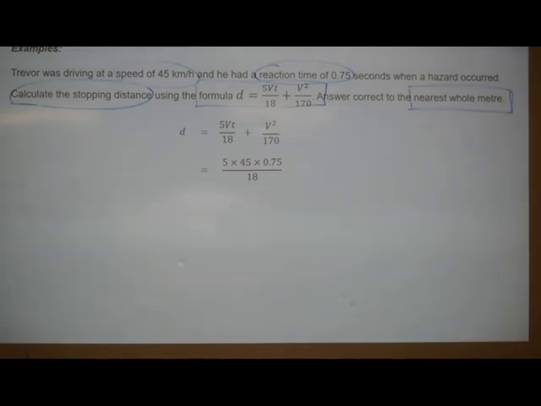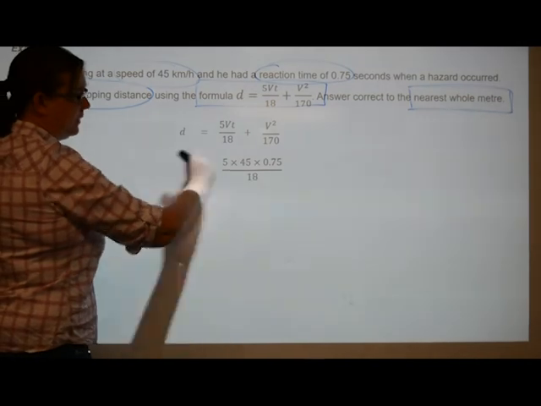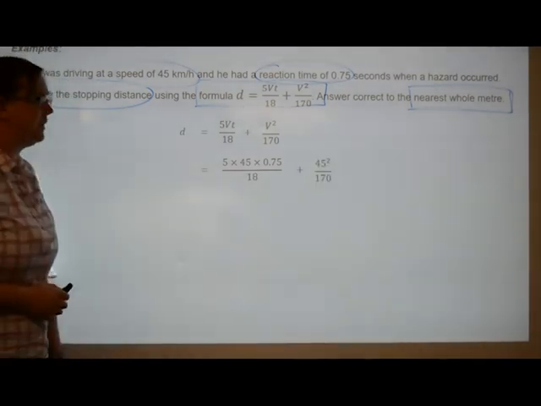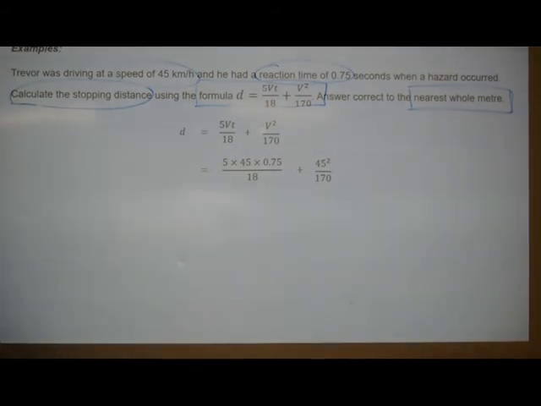Alright, so see how I've broken it out? 5 times 45 times 0.75. Plus the second fraction is 45 squared over 170. Now in my working, I have gone through and worked out bits and pieces separately, just to show you guys what's happening. You can write all the working out if you'd like.